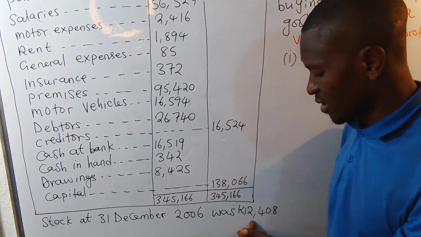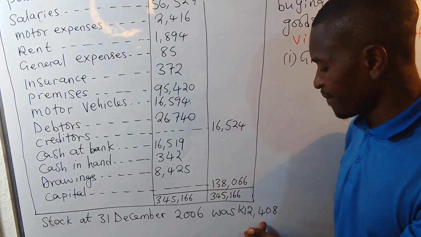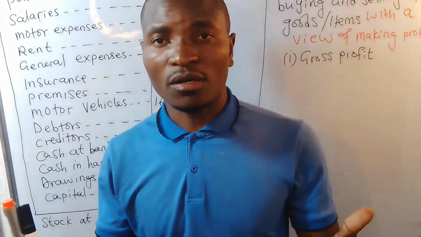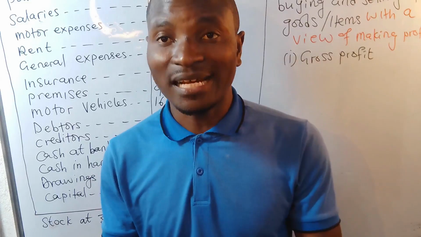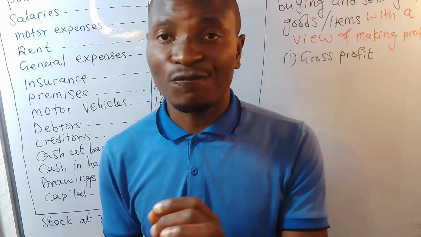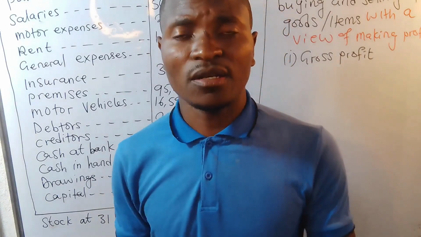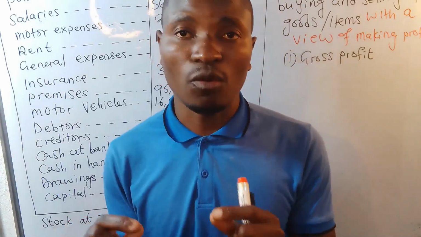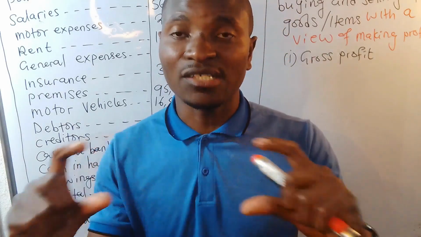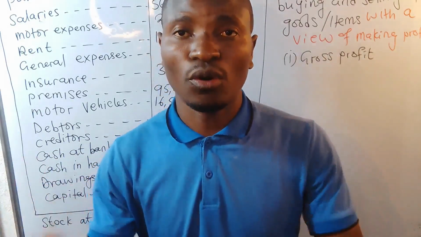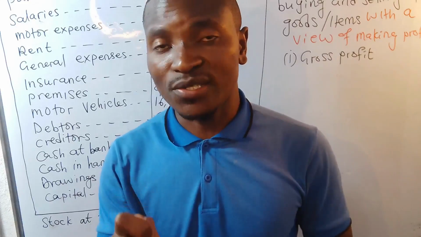Now, when you look at this one, we have a stock at 31 December 2006 of 12,408. That is the closing stock. That was the amount of goods that was registered or taken note of before we closed the shop off.